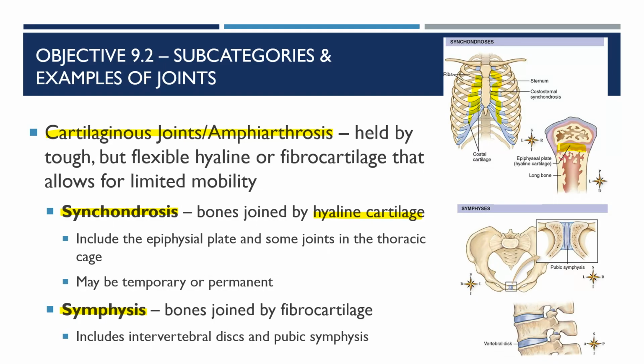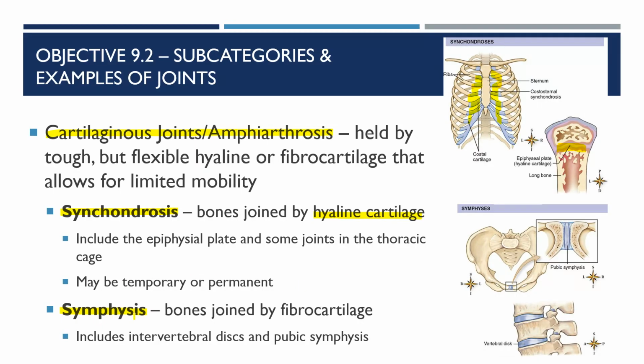If you've gone through Chapter 6, we know that what we call our growth plate is hyaline cartilage. It will eventually become an epiphyseal line when your growth is complete, but when it's that hyaline cartilage, this is where you have the diaphysis and the epiphyses meeting in your bones.